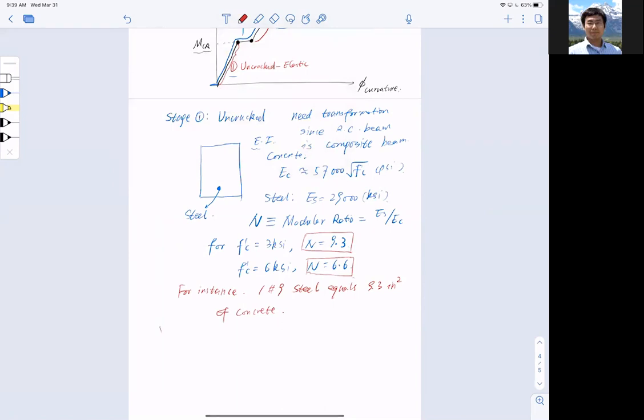So in this case, you cannot design or treat RC design monolithically, meaning you cannot treat it as one material at all. Okay, so what to do, right? This is the question. What we need to do is convert steel to concrete.